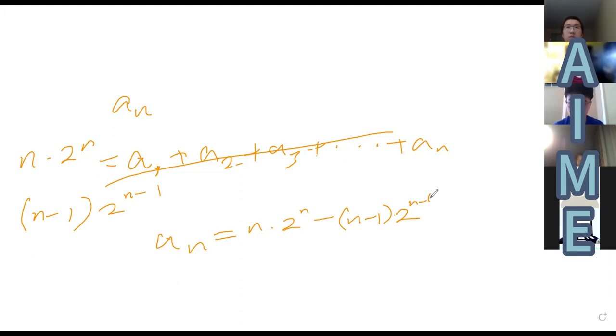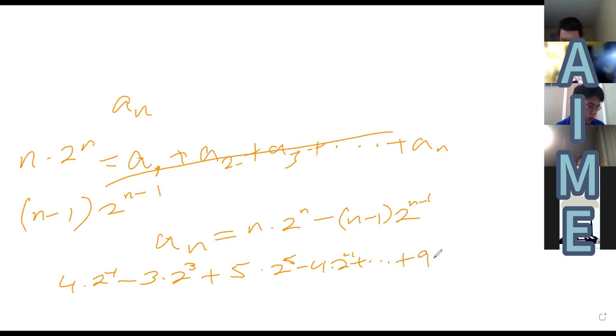So if we work this out for 4, 5, 6, 7, 8, and 9, then we have 4 times 2^4 minus 3 times 2^3, plus 5 times 2^5 minus 4 times 2^4, until we have 9 times 2^9 minus 8 times 2^8.